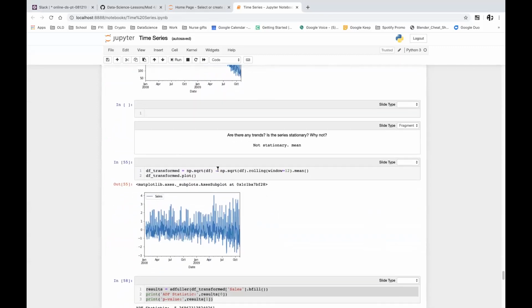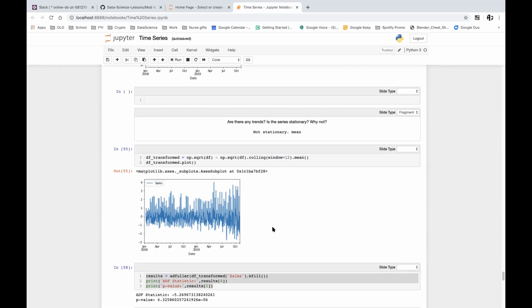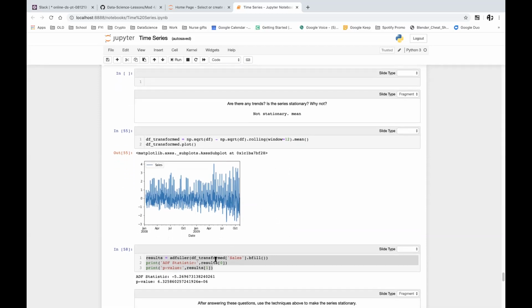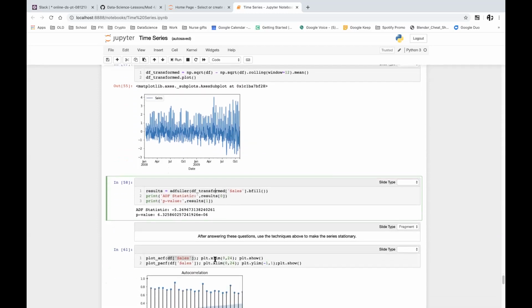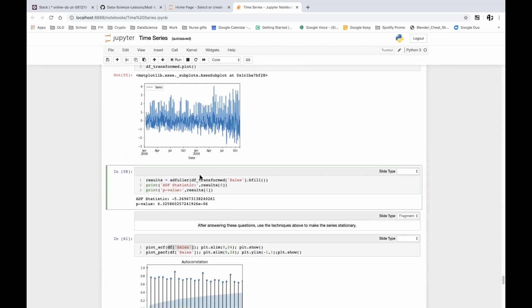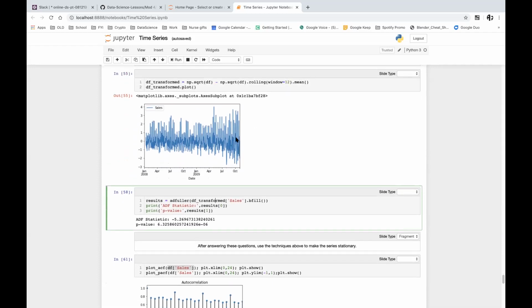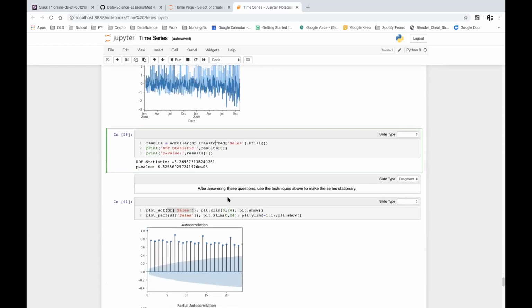So we tried a transformation with the rolling mean on the square root transformation, with a window of 12 picked randomly, and we ran the Dickey-Fuller test and saw that it rejected the null, so it was stationary after that.